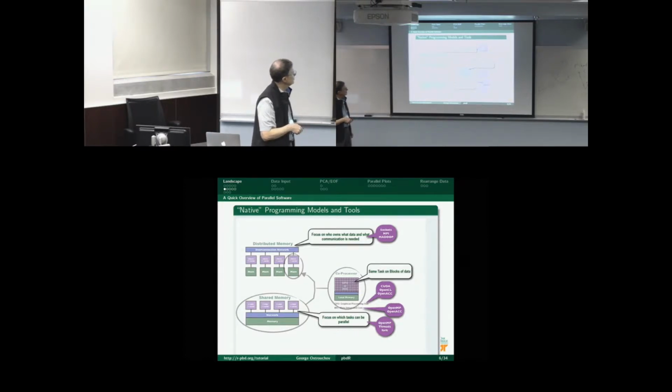When we talk about shared memory, here you're focusing on which tasks could be parallel. So you have your serial code, and you're usually using compiler directives to tell the compiler what should be parallel, like a loop should be parallel, or you should be starting several threads and so on. Some of the software here: OpenMP, everybody's probably heard about OpenMP.